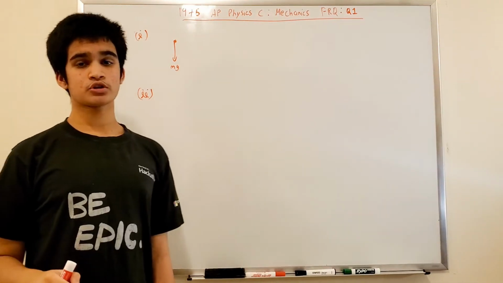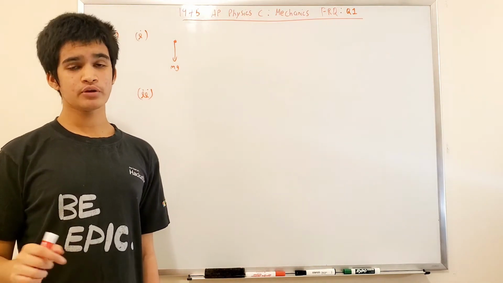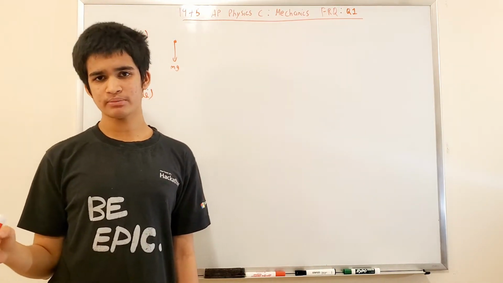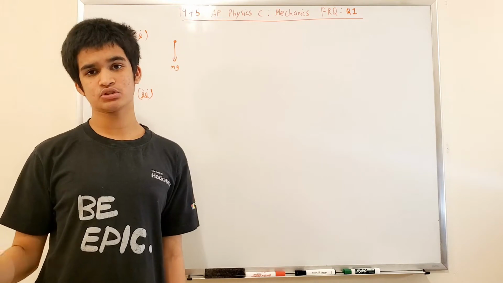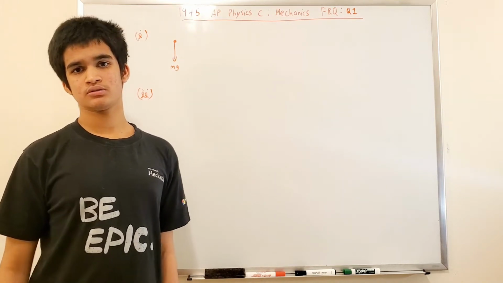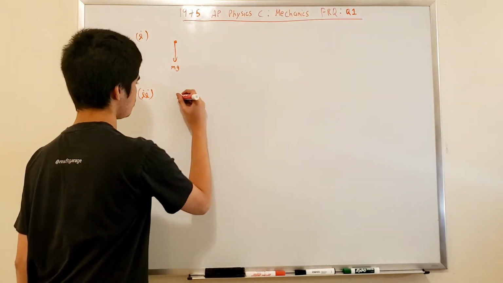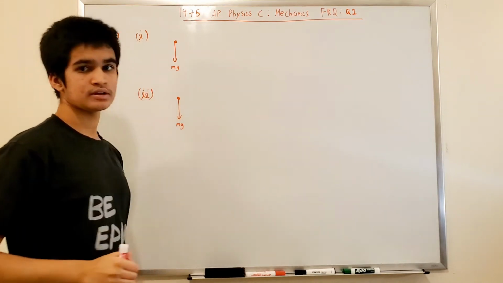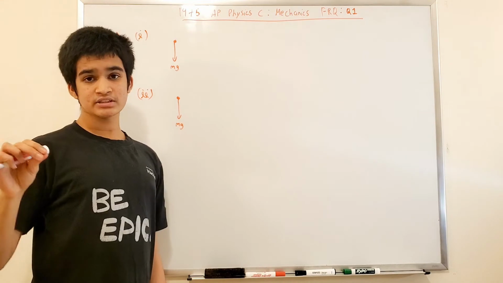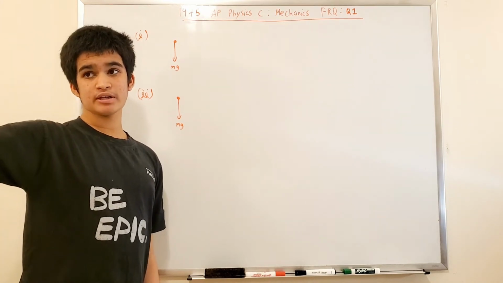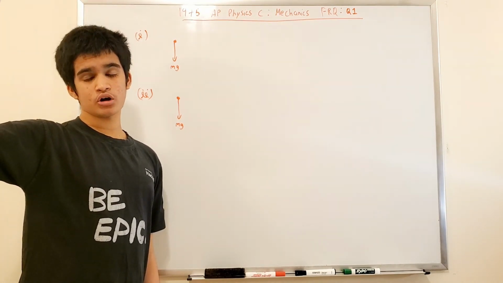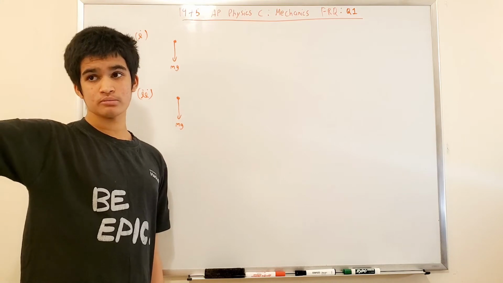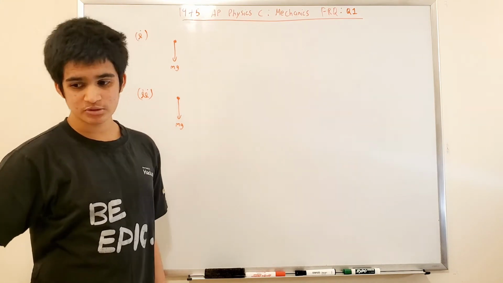And for part 2 of this question, we have to draw the free body diagram after some time, or once it hits the terminal velocity. Of course, there's still going to be the gravitational force, and once it hits terminal velocity, our sphere or our raindrop is going to be falling at a constant speed.